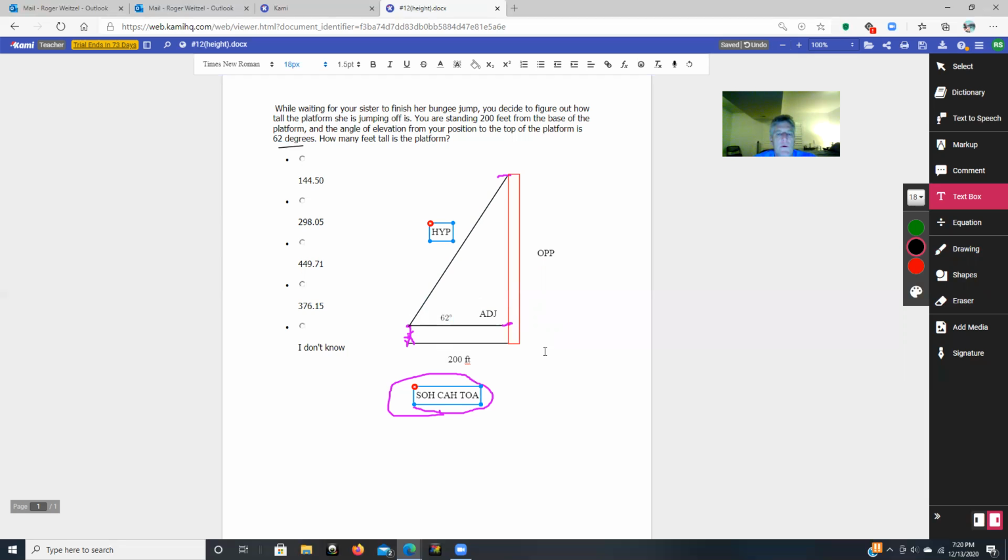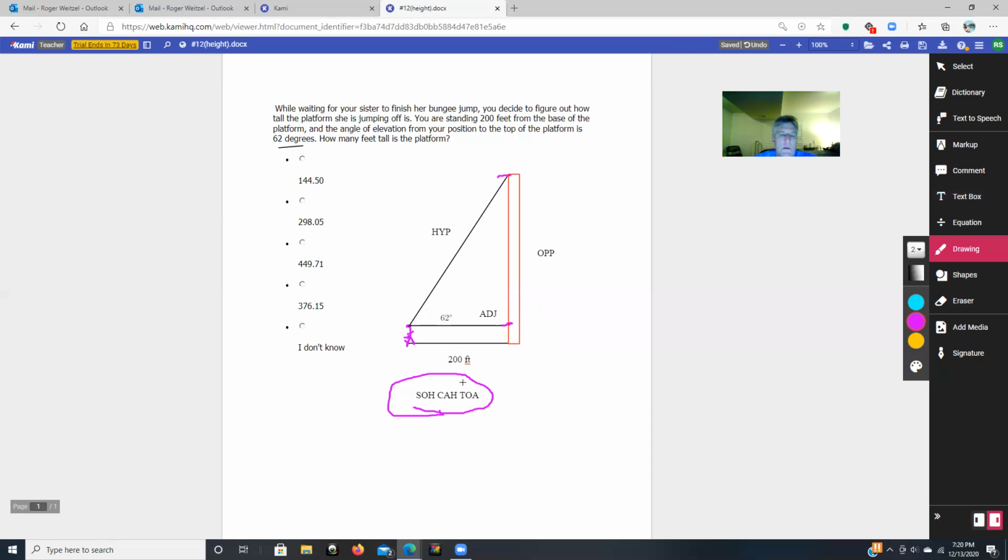So in order to solve this, we want to take what we know, which is this, and figure out which one includes the one we don't know, which is that one. And we're going to call that the height. So we have opposite and adjacent. Those are combined with tangent. So we're going to use that formula.